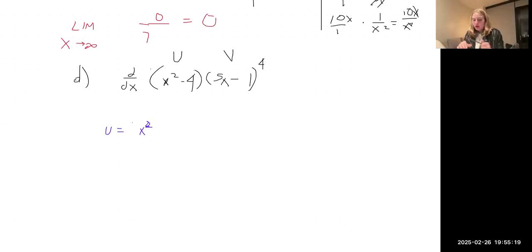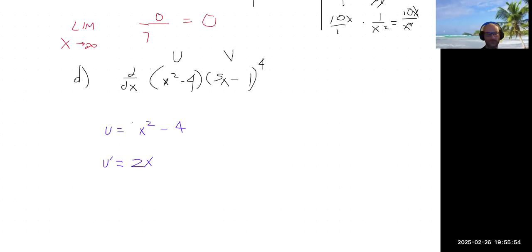So the rule is u prime. We need u and we need u prime. So u is x squared minus 4. We got that. u prime in terms of x is just 2x.